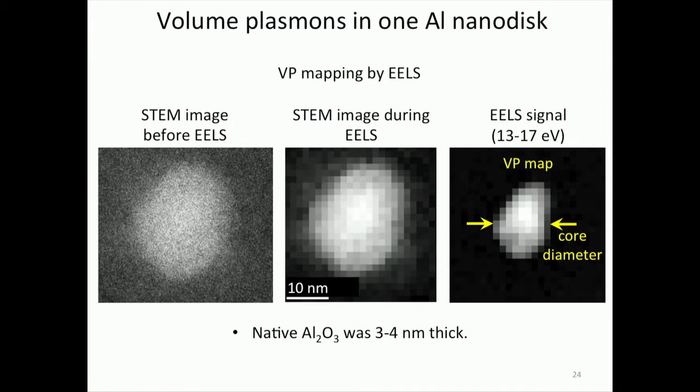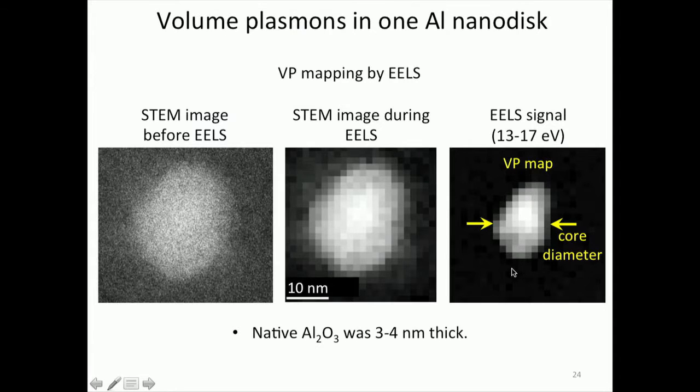So here, I perform the following processing. I am plotting just the volume plasma signal without any background. With background subtraction and plotting the integral of the signal from 13 to 17 eV, I can get what I call here the volume plasma map, which is here.